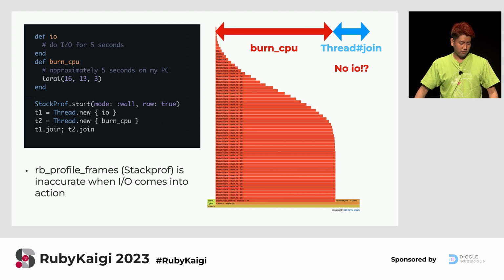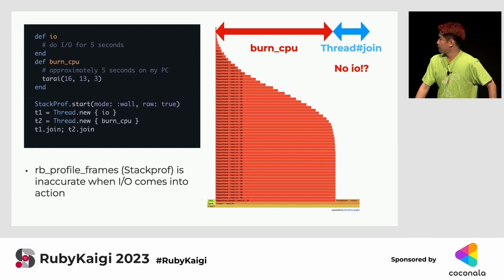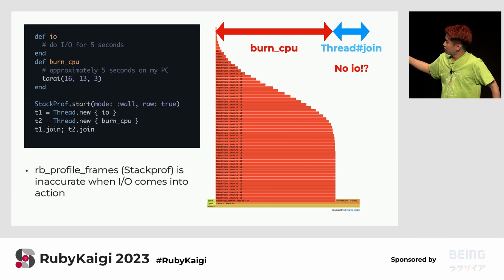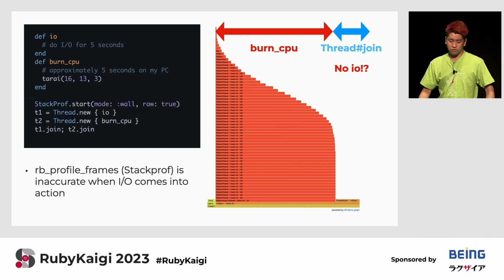And there is another, burn CPU, the tarai function, which takes approximately 5 seconds on my computer. So the flame graph, sorry, it's upside down, it's inverted, but the flame graph's horizontal width should be the same between I/O and burn CPU, but it actually isn't.